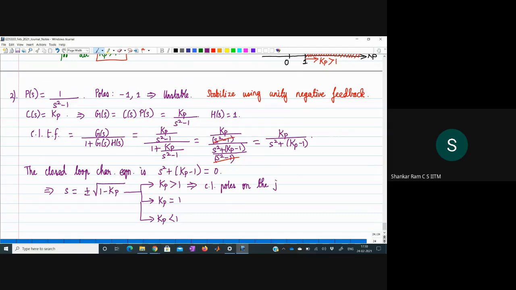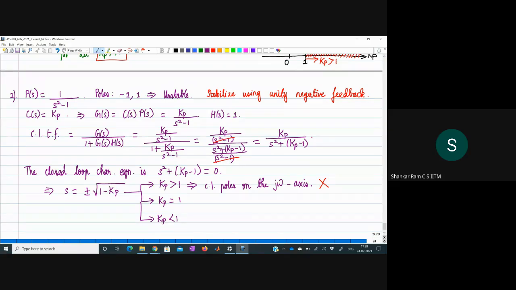Is that something which is desirable? No, right? As we discussed, it depends on our perspective, so we can call it marginally stable or critically stable and so on. But certainly we don't want closed loop poles to lie on the imaginary axis. Absolutely not. So that is point number 1.